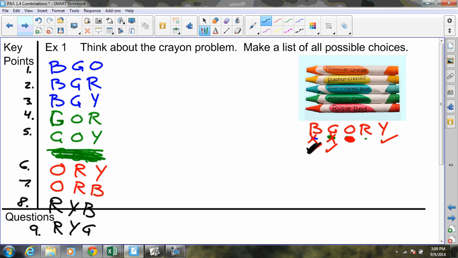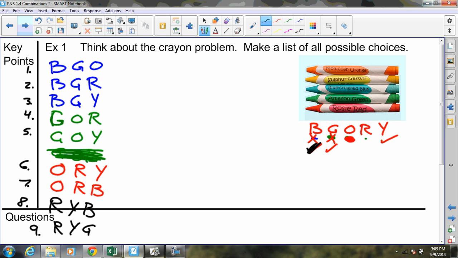Do you think we've got them all? Well, this is a big part about it. Remember when we were doing permutations and the fundamental counting principle, how we were able to say, if you use the fundamental counting principle, it will tell you how many answers you're supposed to have. We have the same thing with combinations.